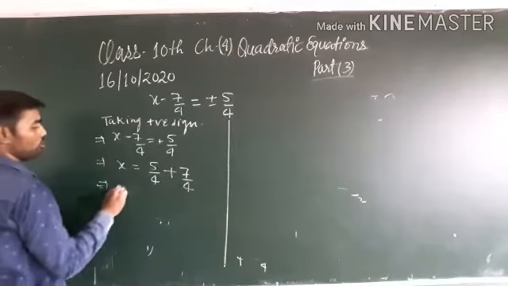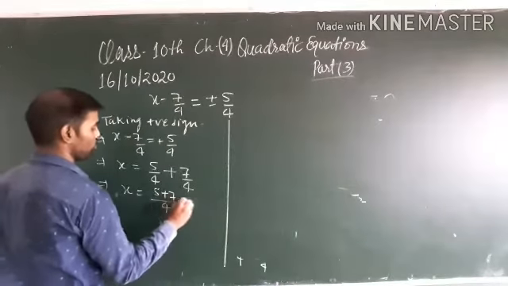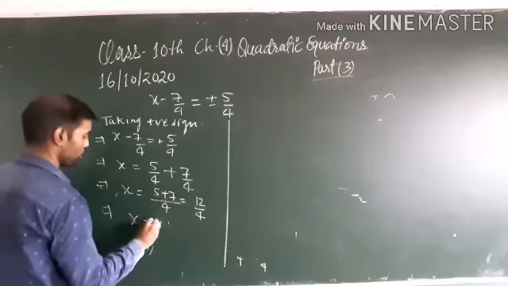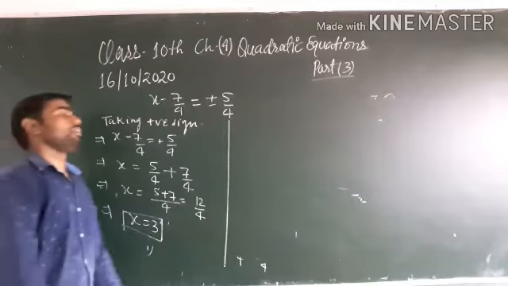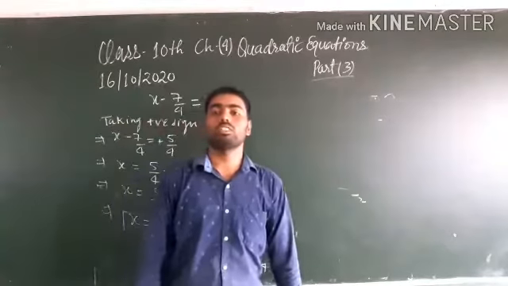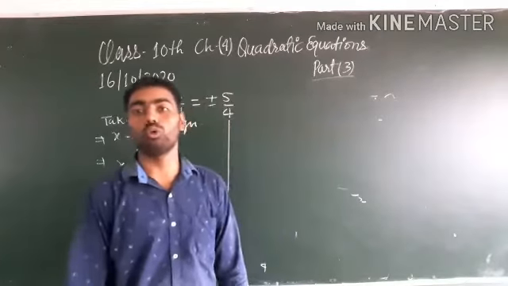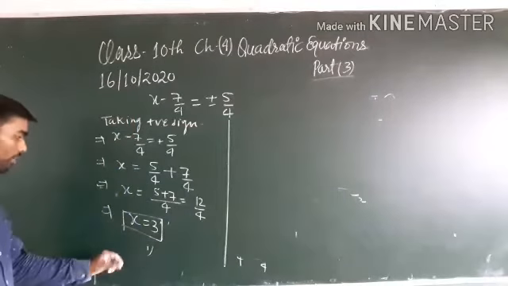So x is equal to, 4 is LCM, 5 plus 7, that is 12 by 4. So what we get? We get x is equal to 3, this is the first solution. We already know the solution of a quadratic equation is 2, so one of them is 3.